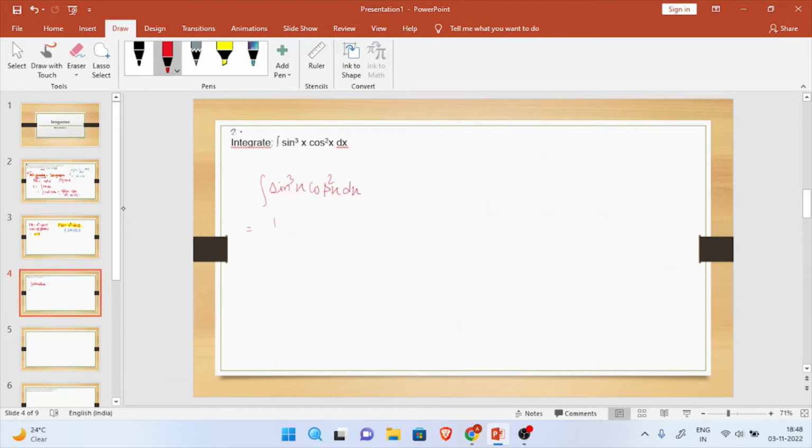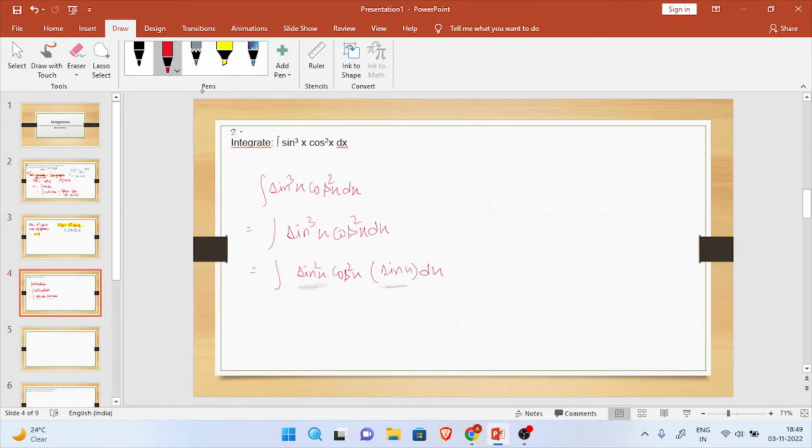I can easily do it by writing sine cube x dx as sine square x, cos square x, and sin x dx. Just splitting the terms, here sine square x and here sin x.